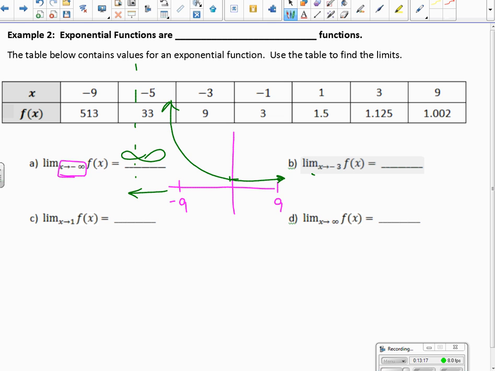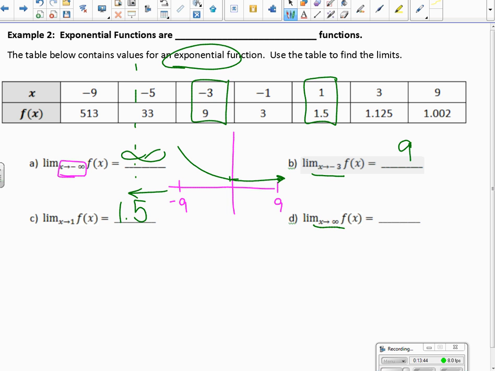What happens as we approach negative 3? Well, as I'm approaching negative 3, it looks like this function is coming down from 33 to 9 and then into 3, but we're really interested in that region, so our answer will be 9. As we approach 1, it's a continuous function. I know exponential functions are continuous from the left and the right, so it's going to be 1.5.